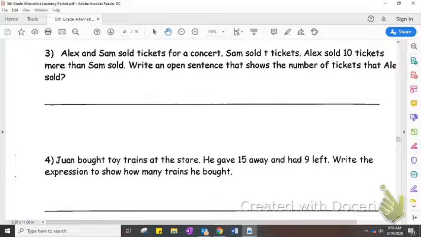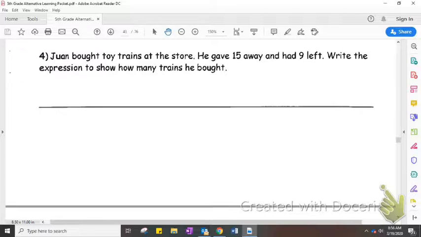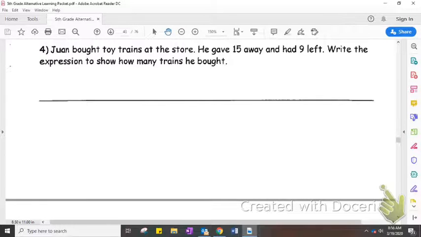Okay, let's move down to Juan. Juan bought toy trains at the store. He gave 15 away and had 9 left. Write the expression to show how many trains he bought. Alright, so I'm going to break this one down just because it makes it a little bit easier for me.